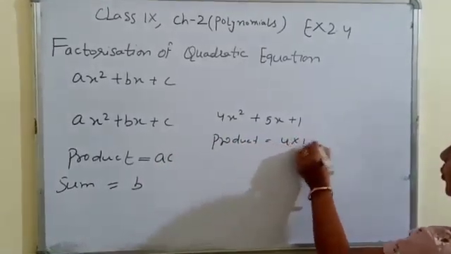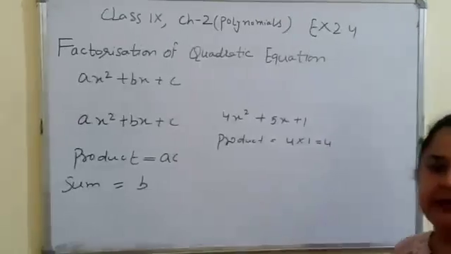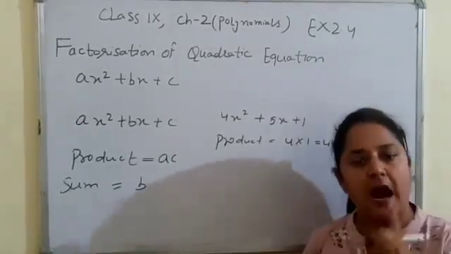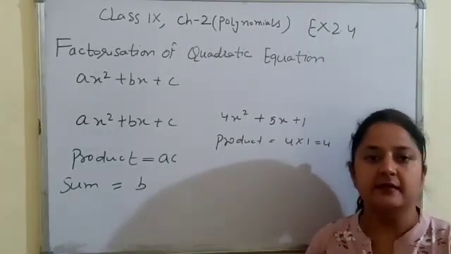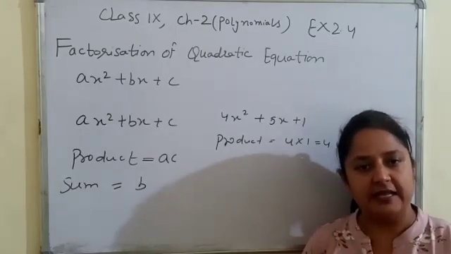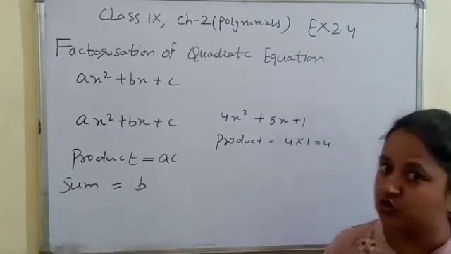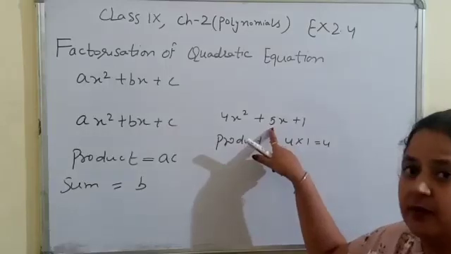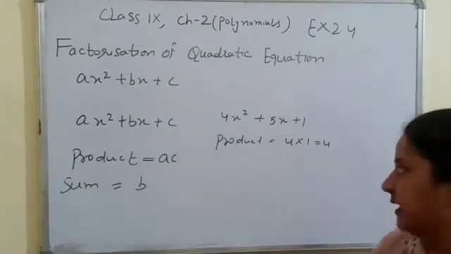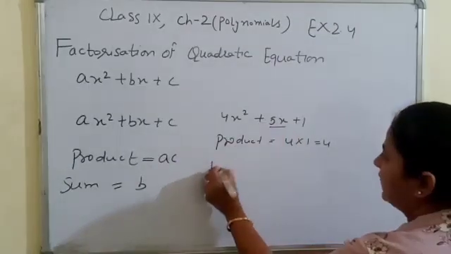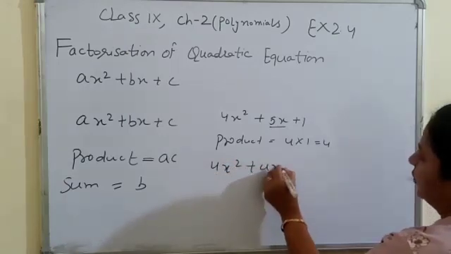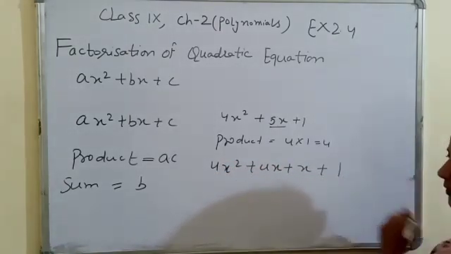Their product is 4, and we have to split that 4 into two integers so that the sum of these two integers should be equal to the middle term. 4 ones are 4, so easily we can write here, we can split 5x into 4x plus 1x.